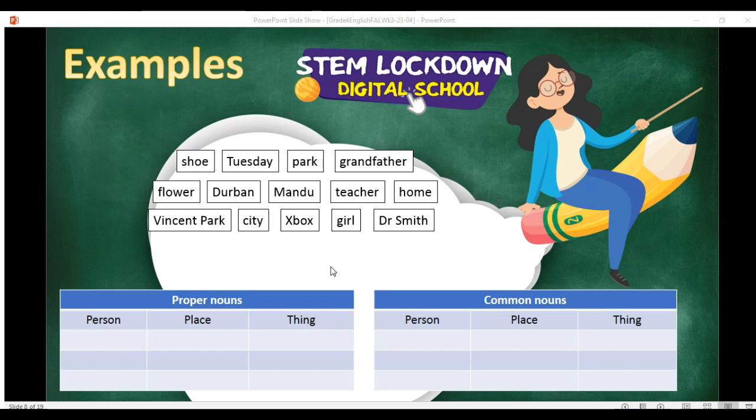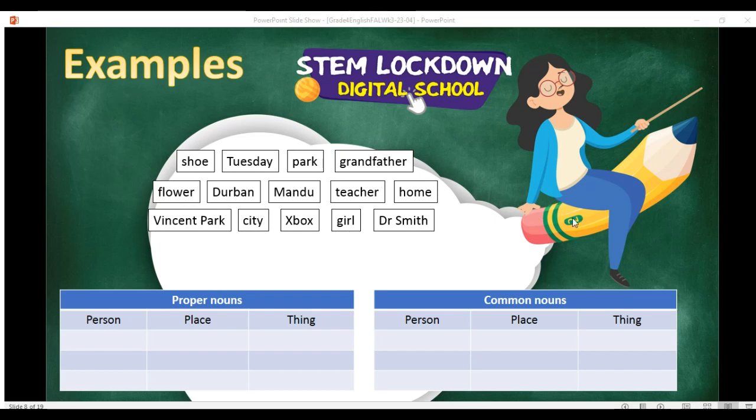So the first one I've got, it says shoe. So would shoe be a common noun or a proper noun? So remember, does it have a capital or does it have a small letter? So it's got a small letter.